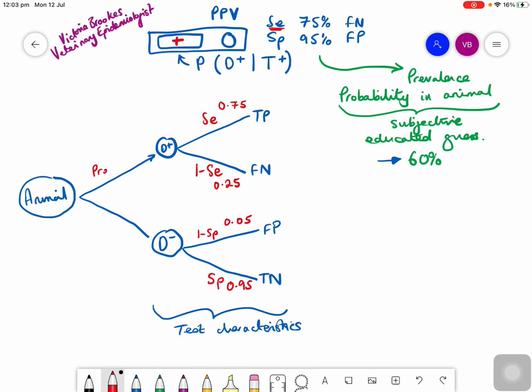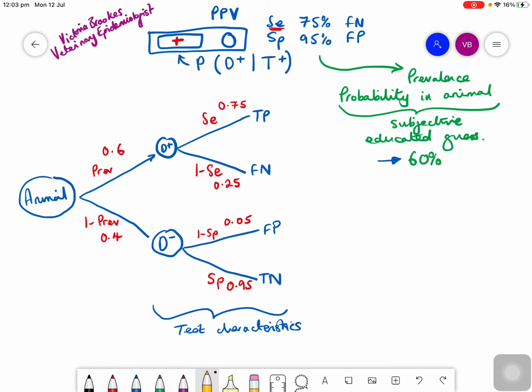So let's write that here. We've got prevalence, and we know it's 0.6. And same rules as before, both these arms have to add up to 1. So this is 1 minus prevalence, which is 1 minus 0.6, so this arm is 0.4.